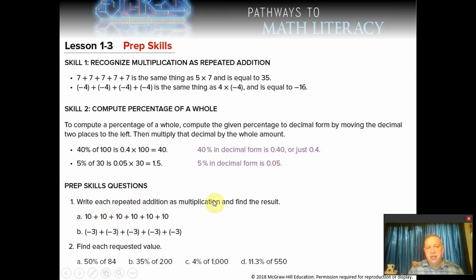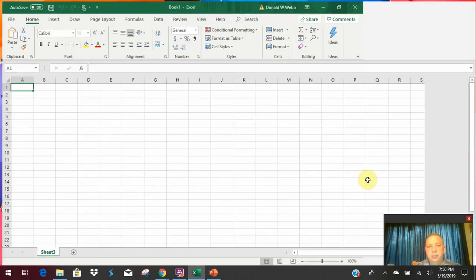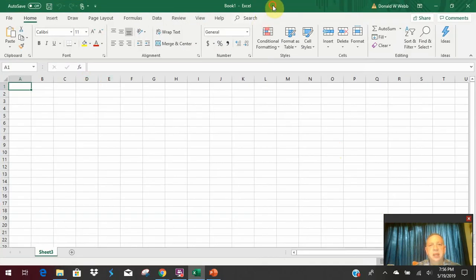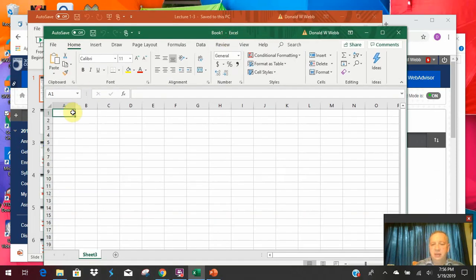Write each repeated addition as multiplication and find the result. So I have 1, 2, 3, 4, 5, 6. I'm going to escape out of here, and I have my Excel ready in the background. I'm going to open that up. And that was 6 times 10. So in my cell, I'm going to go equals 6 times 10. And it'll do that calculation for me as 60.